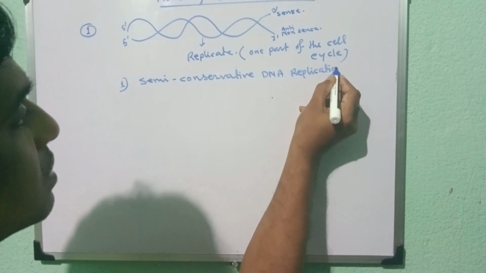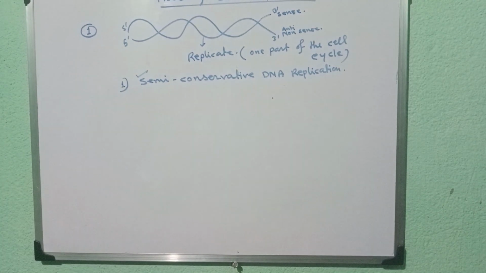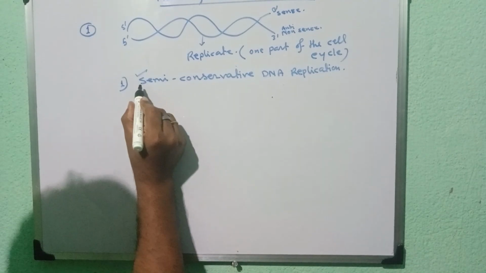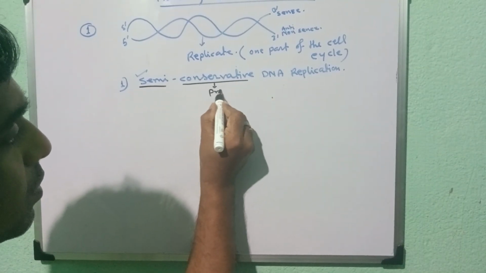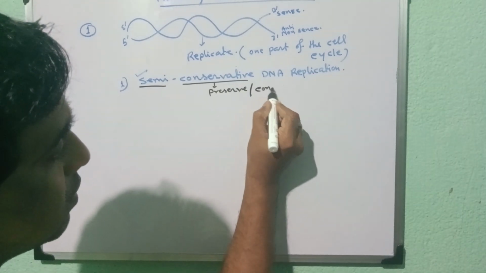Semi-conservative DNA replication is the first mode of DNA replication. Semi and conservative mean to preserve or conserve.